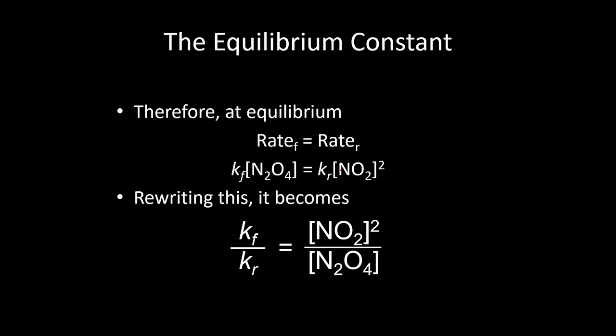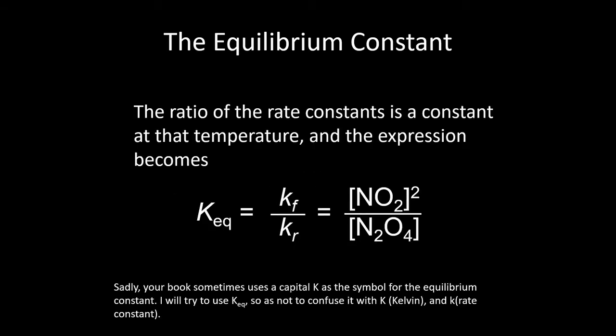So if we rearrange these so that all of the constants are together and all of the concentrations are together, we get this. And since a constant divided by another constant is just another constant, instead of keeping those separate, we're going to combine them to give us what we call our equilibrium constant.